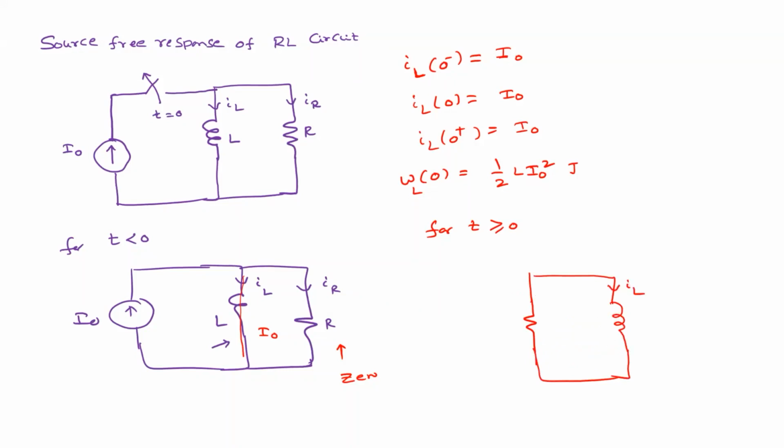What is the initial value of IL? It is equal to I naught. Assume that this is the IL current that is flowing. This is the voltage across the inductor, and this is the voltage across the resistor. Agree? I modified the circuit so that the current is in the clockwise direction.